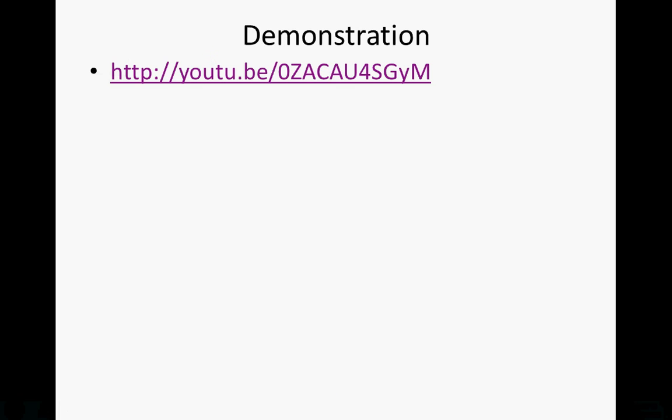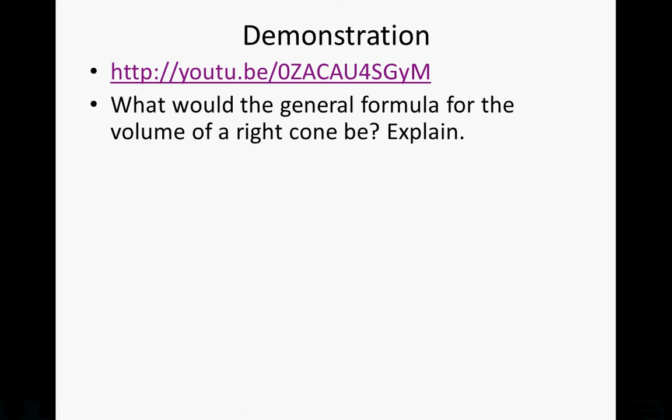Okay, so now we know that when we have the volume of a cone, we can find a general formula for the volume of a right cone from the volume of a right cylinder. So, what do you think that's going to be?